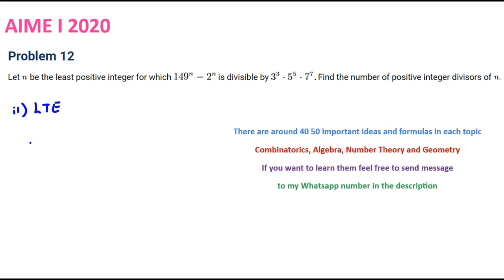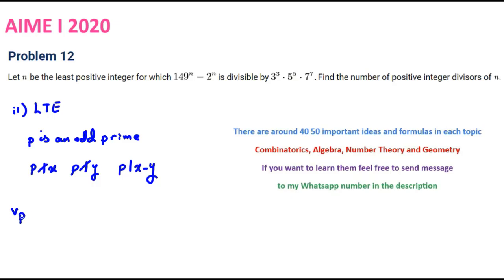One useful type here: if P is an odd prime number, and P doesn't divide X, P doesn't divide Y, but P divides X minus Y, then VP is the maximum power of P, or the power of P when you prime factorize, in X^n minus Y^n.